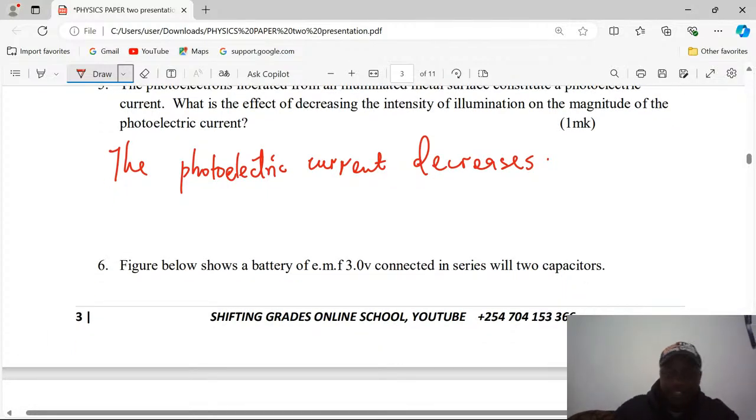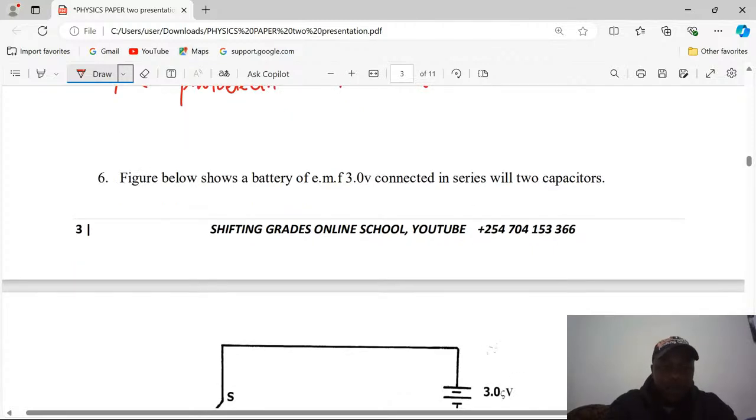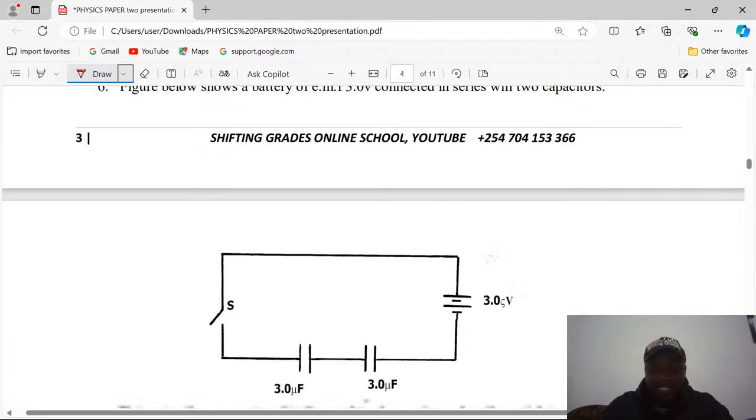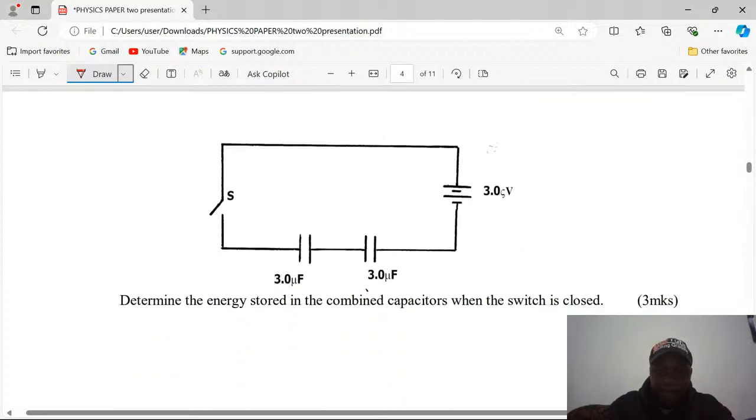Let's look at question number 6 now. We are told that the figure below shows a battery of EMF 3.0 volts connected in series with two capacitors. So we have two capacitors here connected in series, and they are also in series with the 3.0 volt battery.